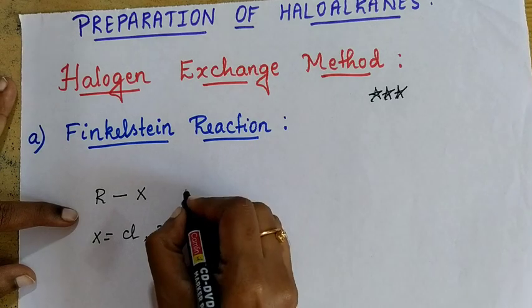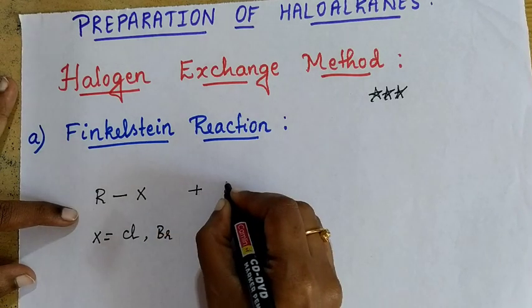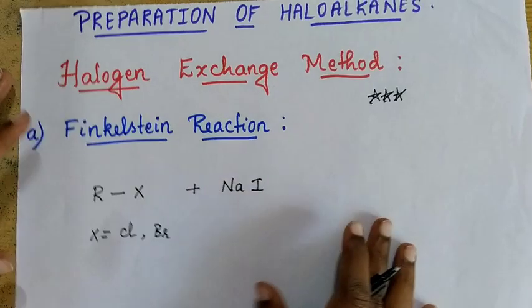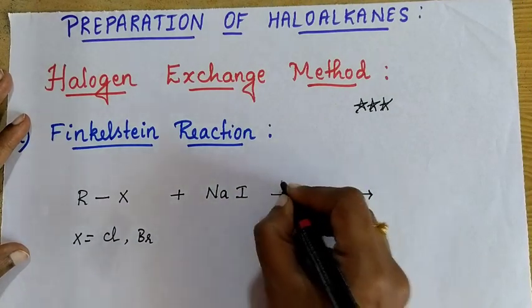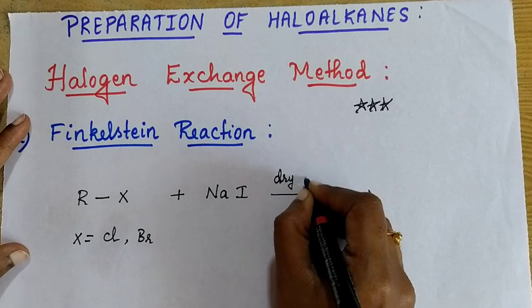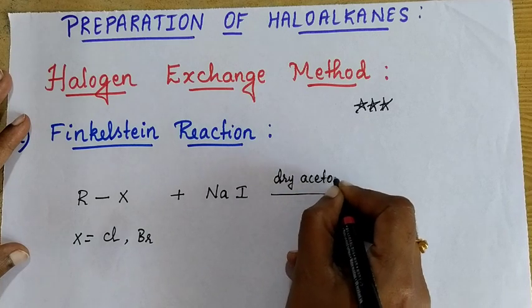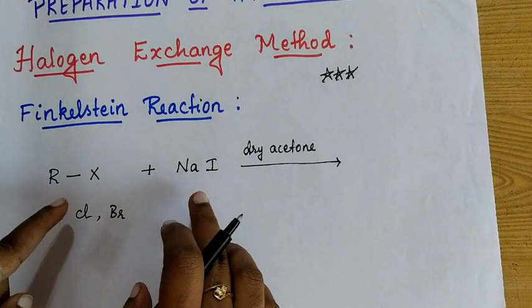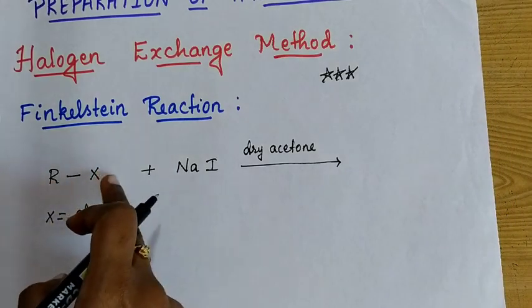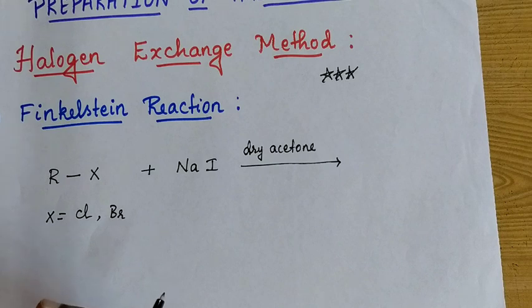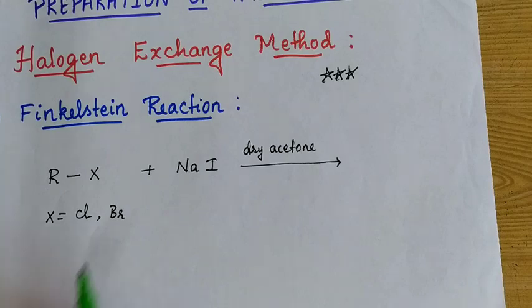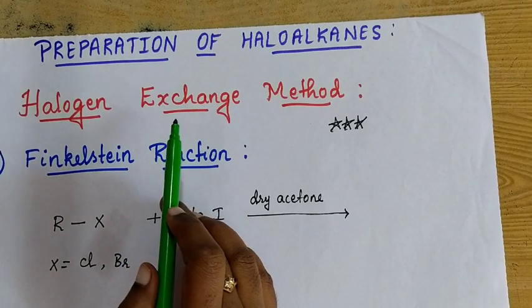When this alkyl halide reacts with sodium iodide, NaI, in the presence of dry acetone, dry acetone is the medium. The alkyl halide, where X can be chlorine or bromine, so it can be alkyl chloride or alkyl bromide, reacts with sodium iodide.